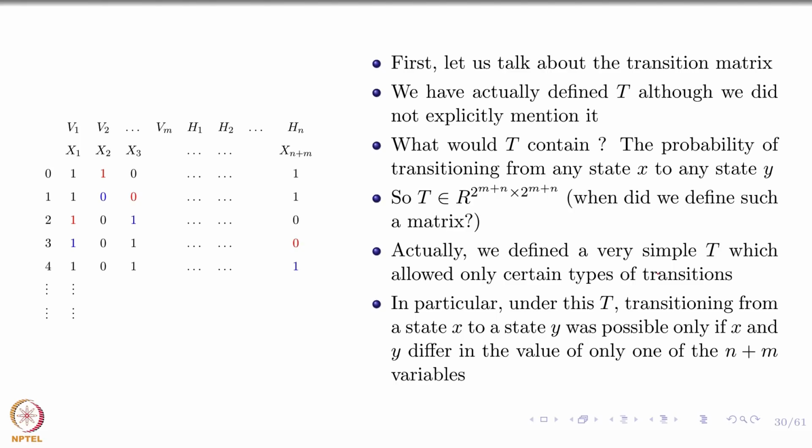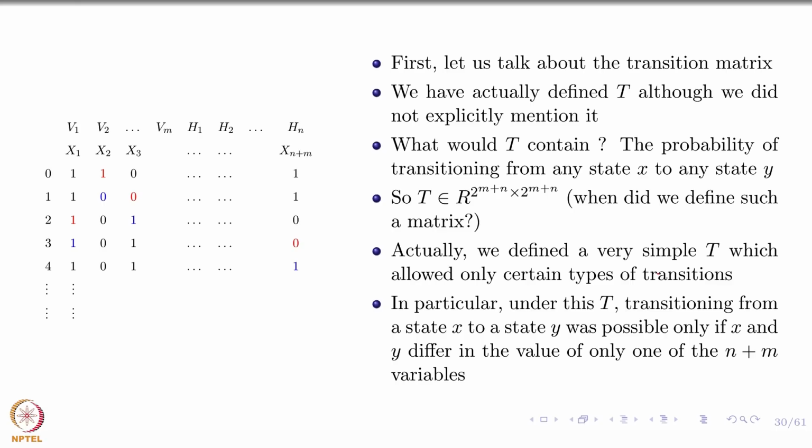That means T of xy is equal to 0 if x and y differ in their values for more than one random variable. Is it clear? So you see I have defined a very, very sparse transition matrix, and that's why I don't need to give you the 2 raised to n plus m cross n plus m values explicitly. I have told you what the zeros are, so I just need to focus on the non-zeros.